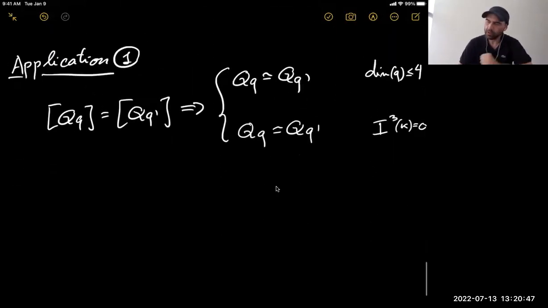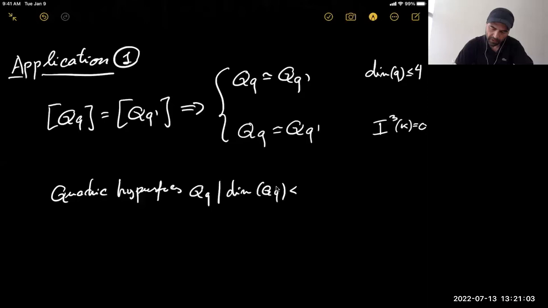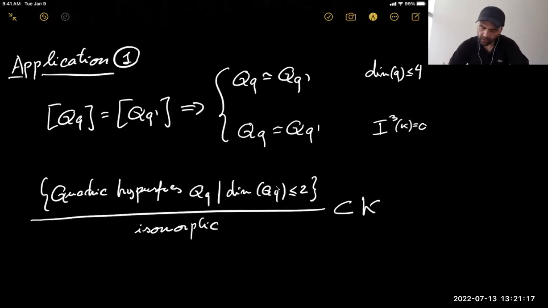The low dimensional case is basically telling you that when you take quadric hypersurfaces and you restrict yourself to dimension less than or equal to 2, and you consider them up to isomorphism, then this actually embeds inside the Grothendieck ring of varieties. So there are no further identifications that can occur that are not the notion of isomorphism.